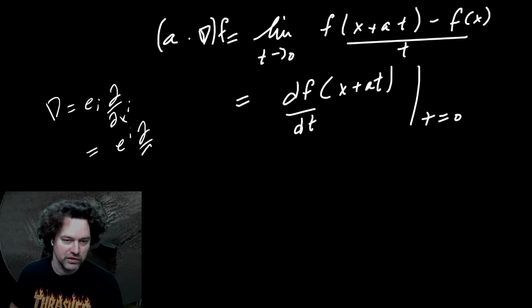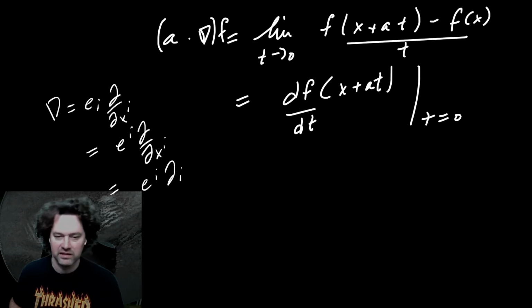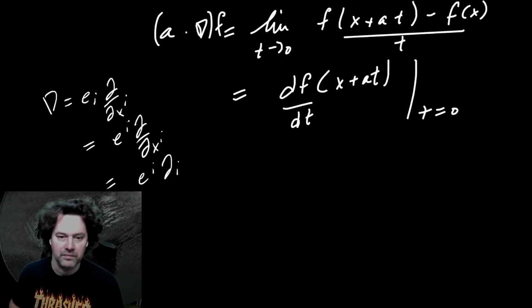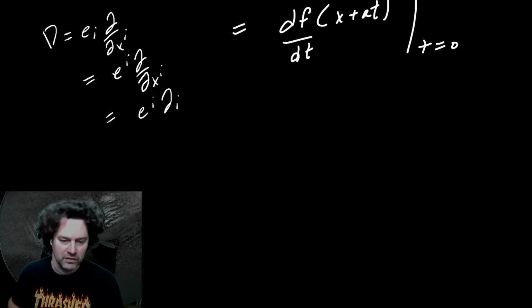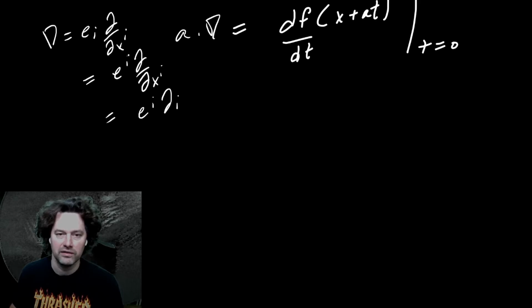For non-Euclidean spaces we need an upper index here, which can then also be sometimes written as ei di, where di is d dxi. So a dot grad of f.